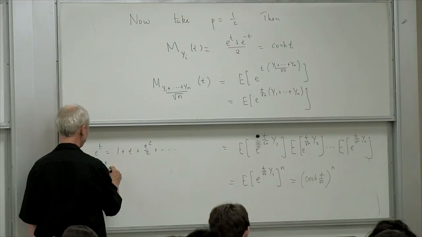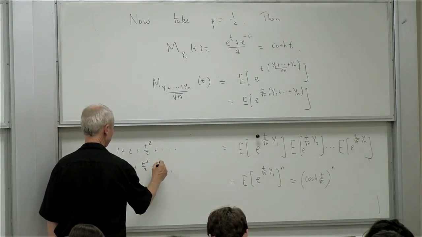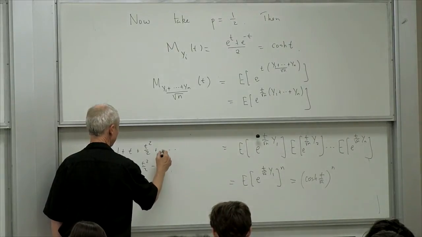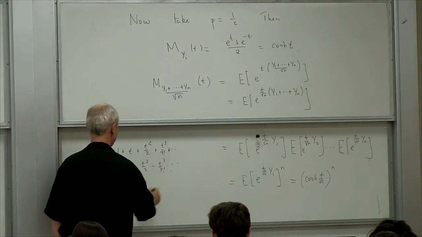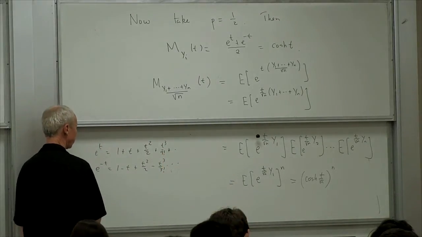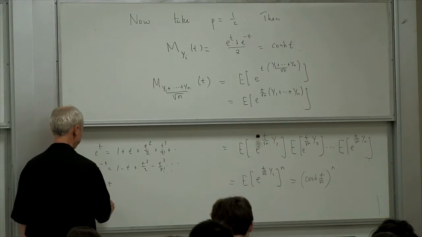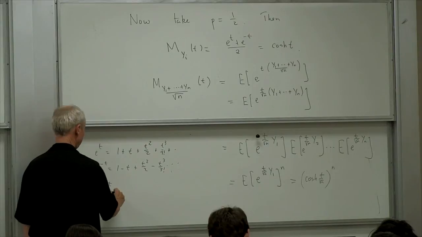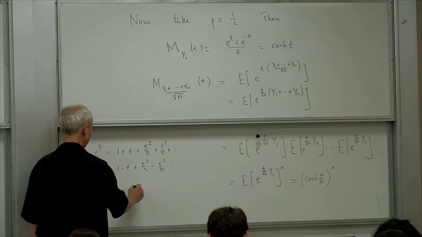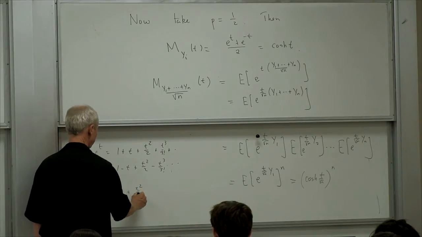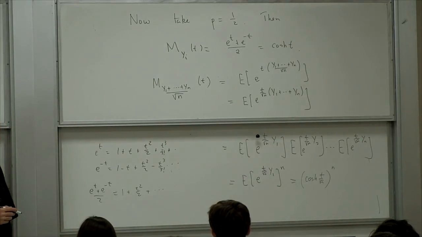E to the minus t would be what? Okay. And what happens when we add these two together? What do we get? And divide by 2. We get 1 plus t squared over 2, right? And then plus other stuff that's not as important.